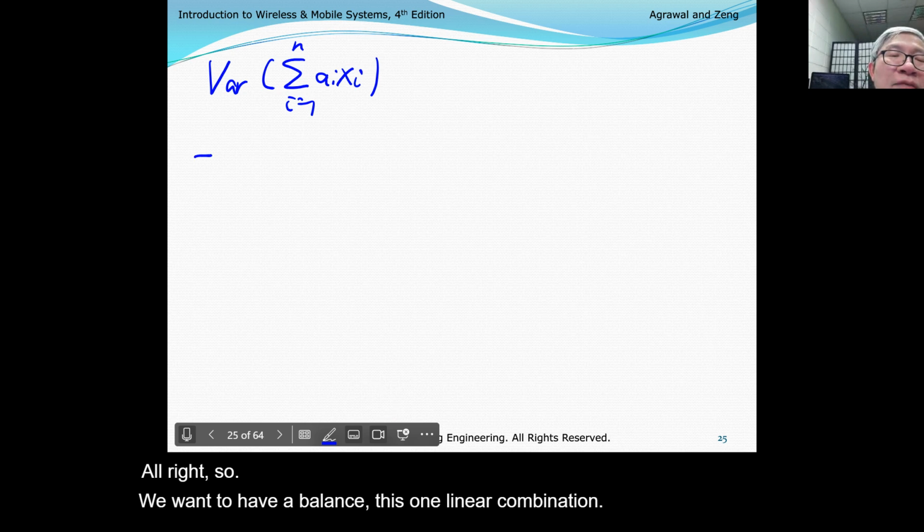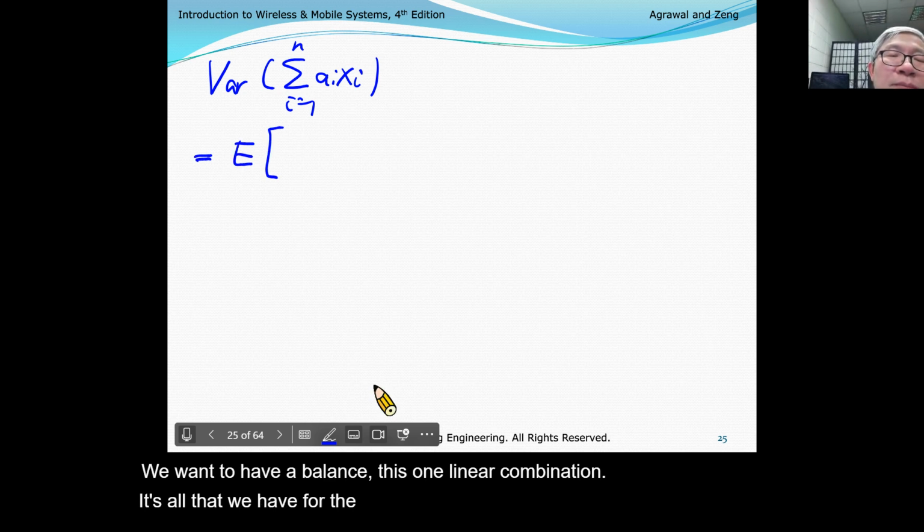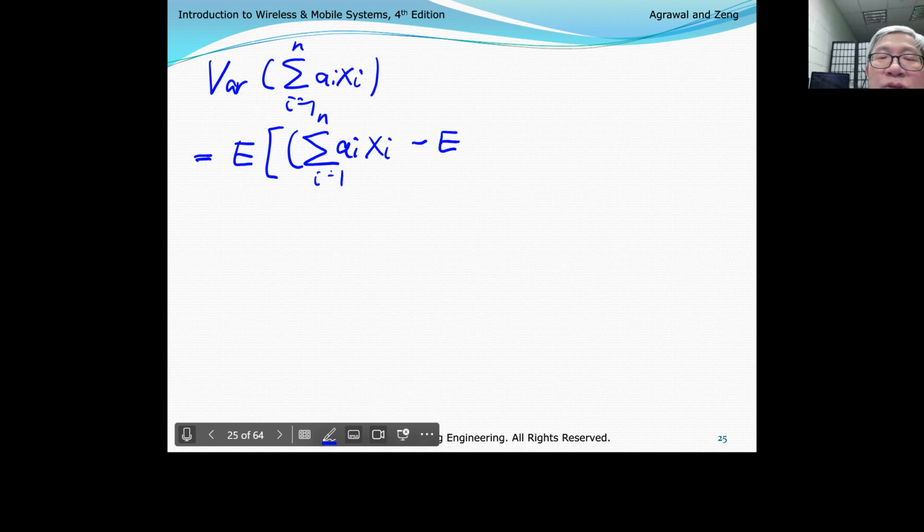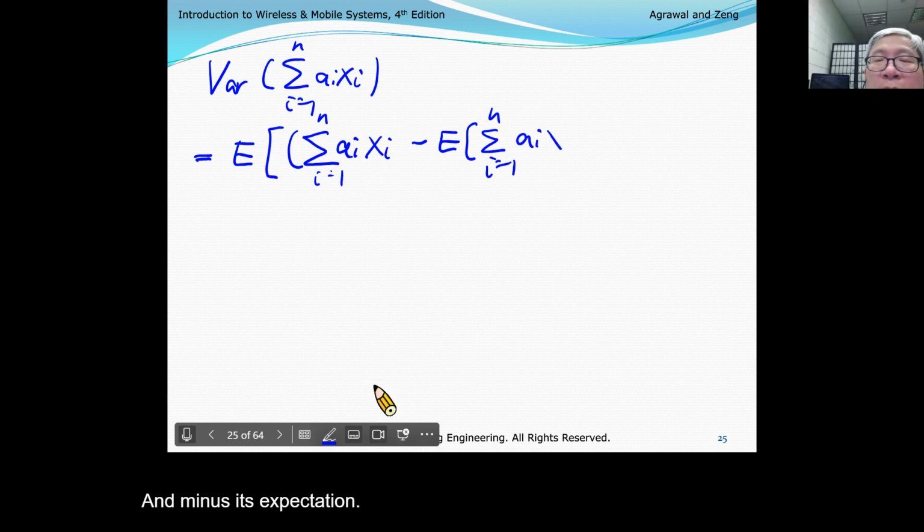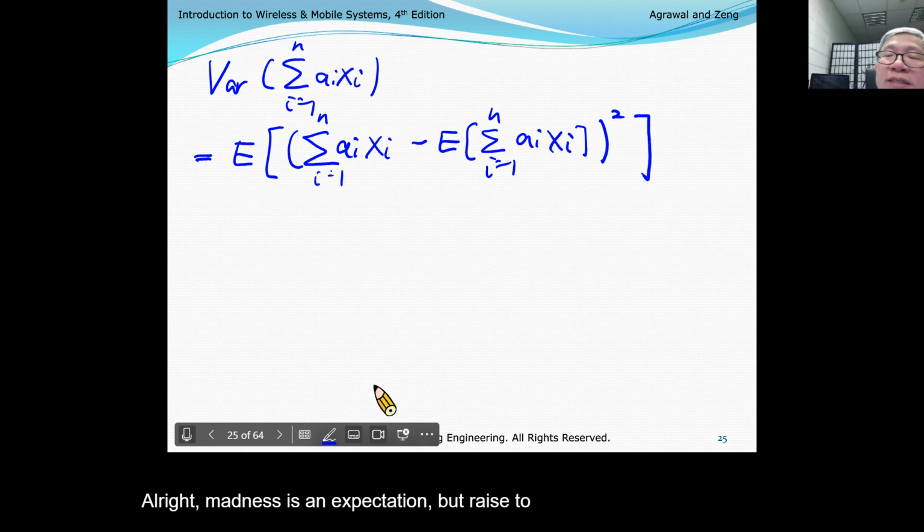And so then we have the definition. Oh, this one. And minus its expectation. All right, minus expectation, but raised to the power of 2. So if so, how to do?